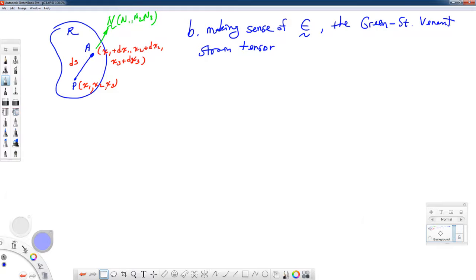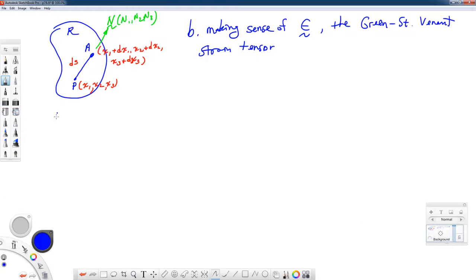We have points A and P in there in region R, a three-dimensional body, and we have ds, which is the distance between those 2 points. We also wrote on this picture a unit vector that goes from P to A, and we said its components were N1, N2, and N3.